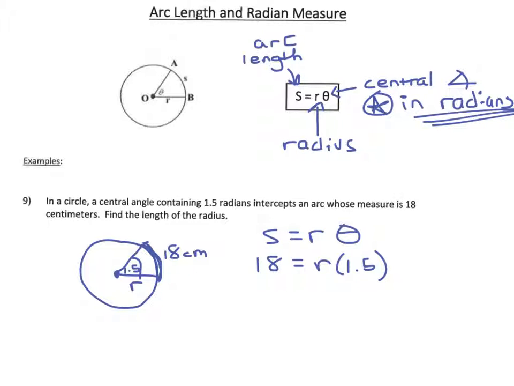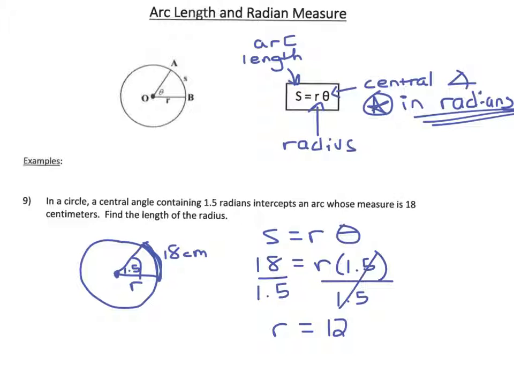Okay, so now back to number 9. If we want to solve for r right here, we know that r times 1.5 equals 18. So if we want to get the r by itself, just divide both sides by 1.5. Okay, so r is equal to 18 divided by 1.5, which is 12.